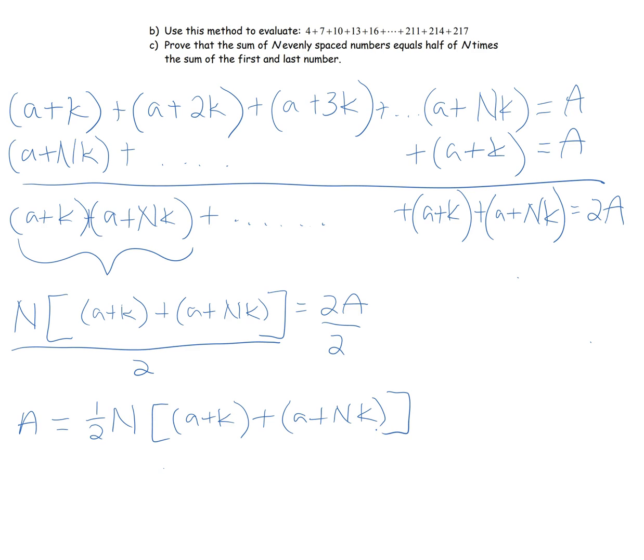And so if we look at what we've written here, we've said that the sum of this series, or answer, is going to be equal to 1/2 times n times the sum of our first term, which is a plus k, and our last term, which is a plus nk. So that's the same way that the question's worded in part C, and so we have proven this.